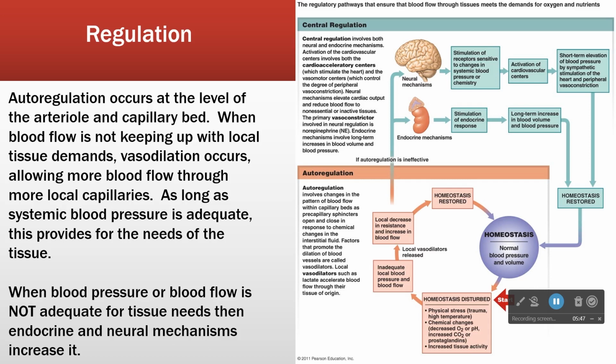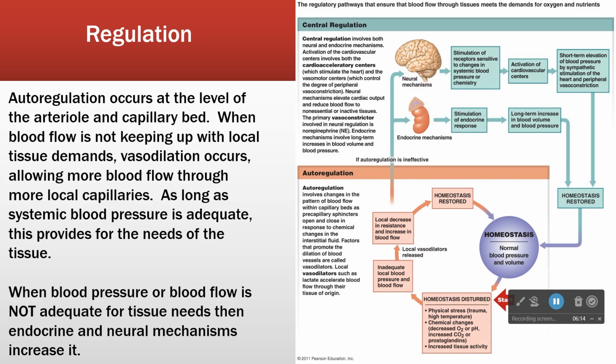But if there isn't enough blood pressure, then we're up in here. And we have endocrine mechanisms and neural mechanisms. We've talked about both of those: humoral and nervous system control of blood pressure, right? So if blood pressure is not sufficient at the microcirculation level, then we move up into the central regulatory systems.